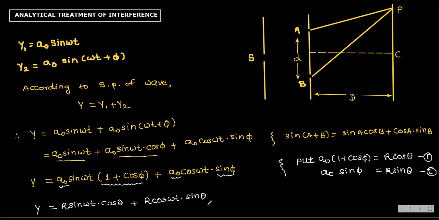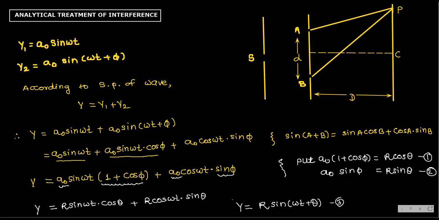Again we get one form, so y is equal to r sin of omega t plus theta. Now this is your equation number 3.